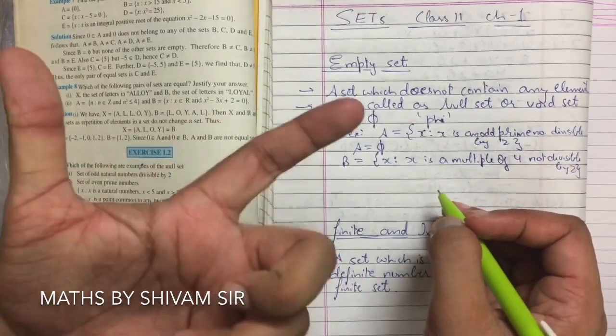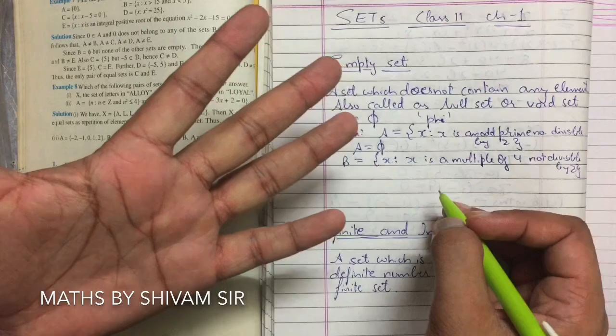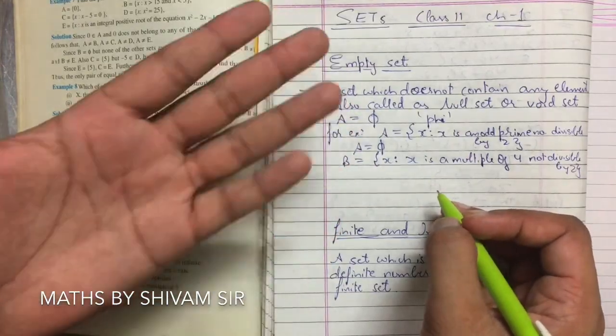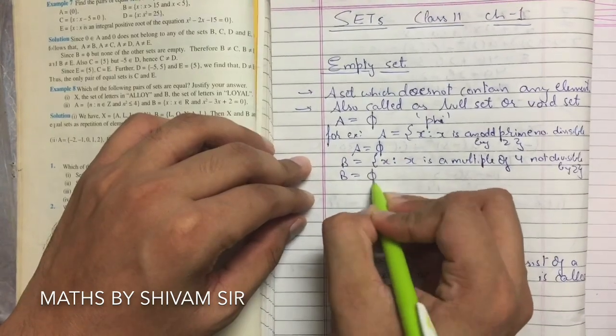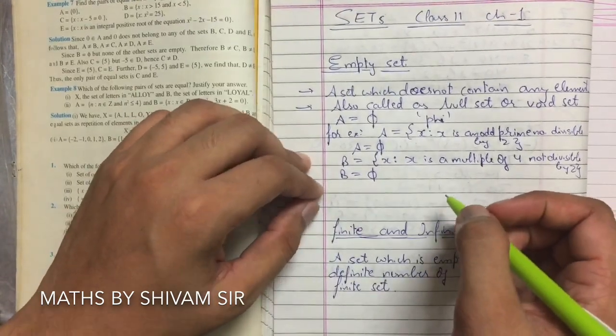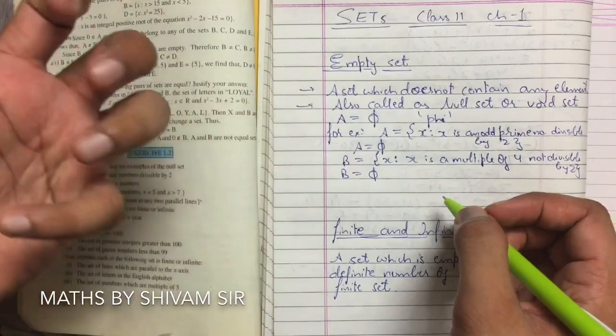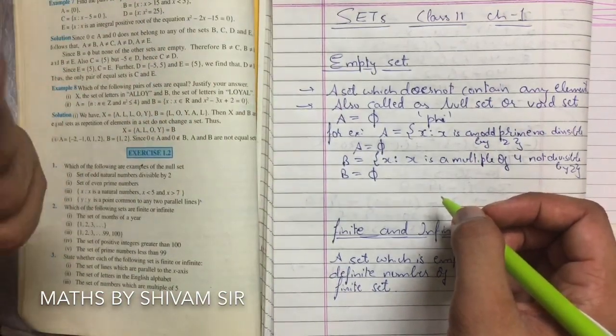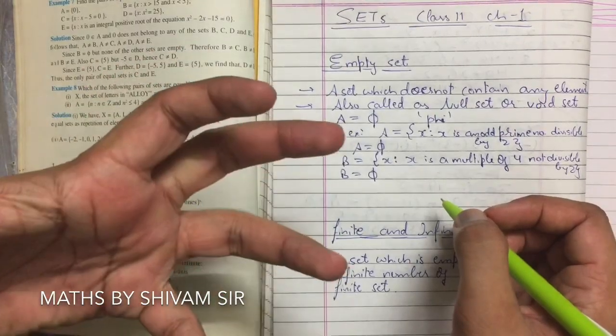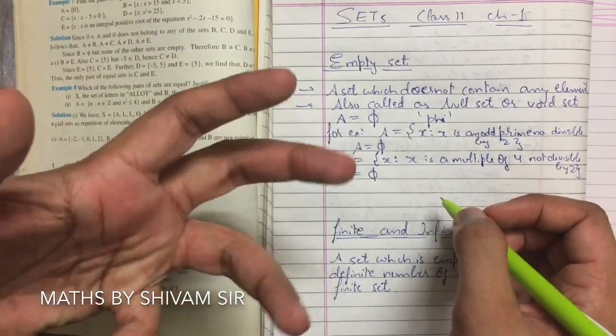There is no such multiple of 4 which is not divisible by 2. Every multiple of 4 is divisible by 2. So we can say B is also an empty set, the value is phi. These are certain examples in which we can say this is an empty set. This set does not contain any value, it will have null value.